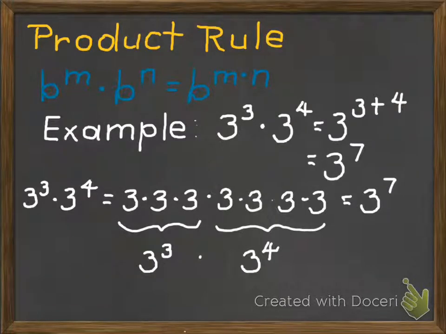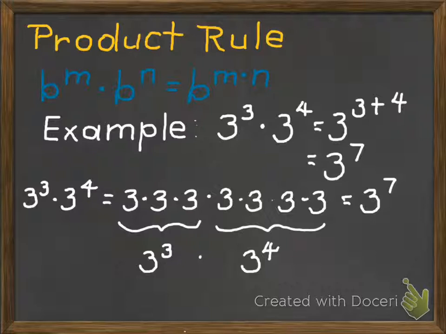The product rule. The product rule says that any base b to the power of m, so any exponent, times any base b to the power of n is equal to the base b to the power of m plus n.